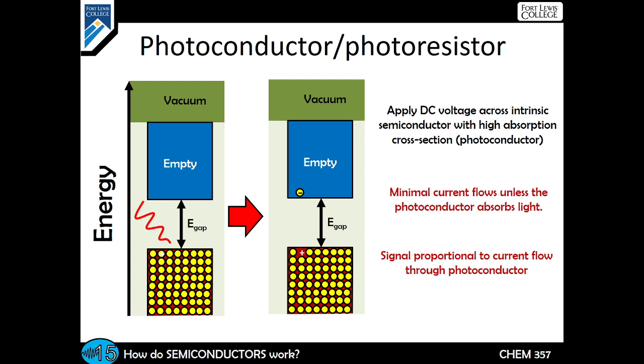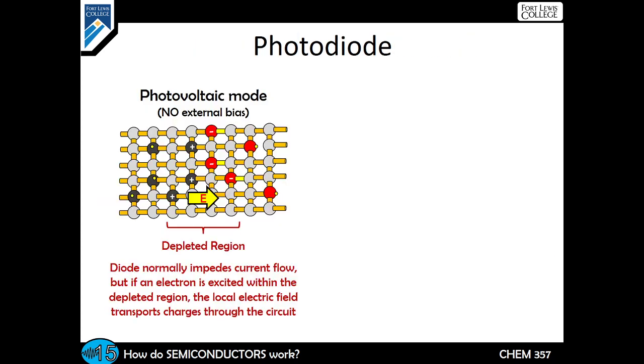The size of your current is proportional to the number of electrons that have been excited, which is proportional to the number of photons that hit the semiconductor. But a photodiode can work without any power supply, no external bias, no battery. In the same way that photovoltaic devices work, you have this depleted region, which has an electric field built into it, right?